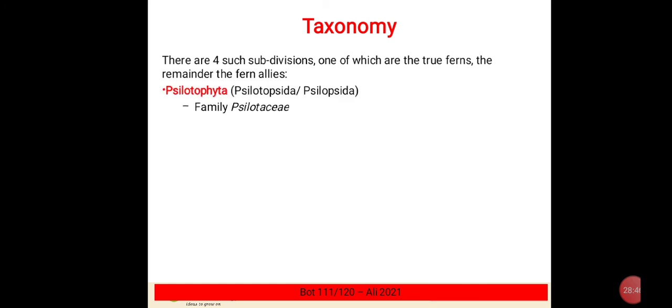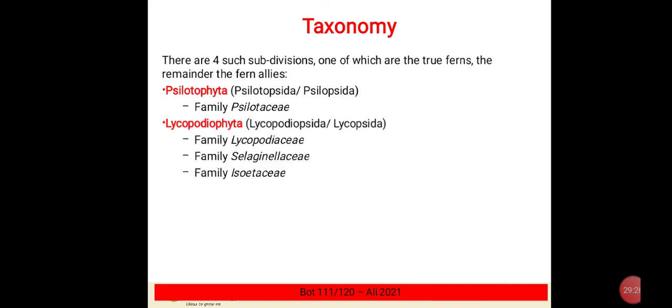One of the divisions is Coelentophyta, also known as Coelentopsida or Coelopsida. This Coelentophyta contains organisms belonging to the family Coelentosae.